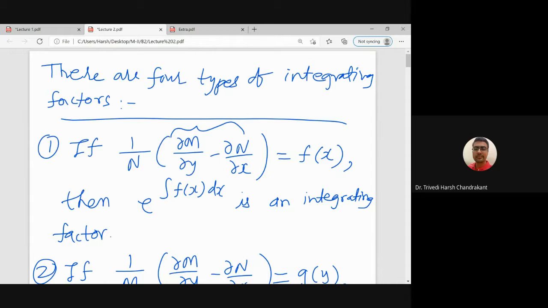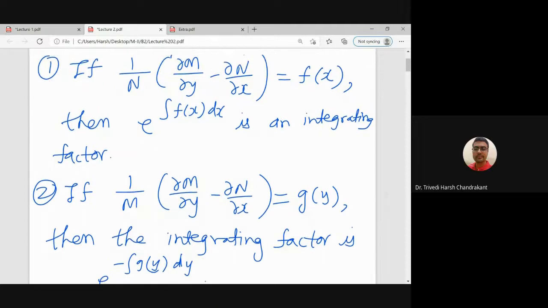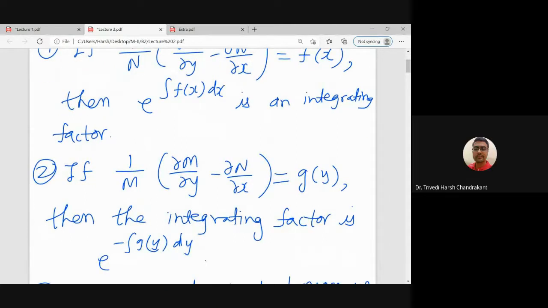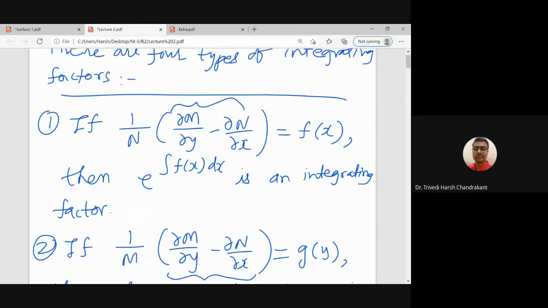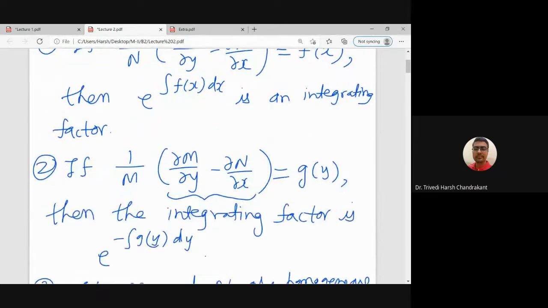Then we'll go for the integrating factor method. In the integrating factor method, we will check the first method. We find this quantity, and if it is a function of x, then only we apply the first method. Otherwise, we cannot apply the first method. If the first method is not applicable, we'll go for the second method, in which this part is common, right? That we already found in the first method.